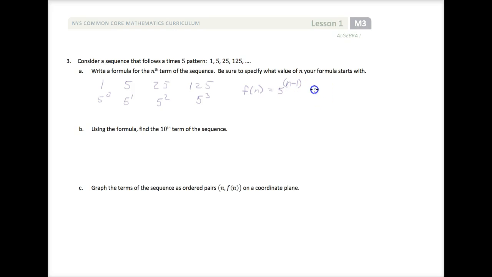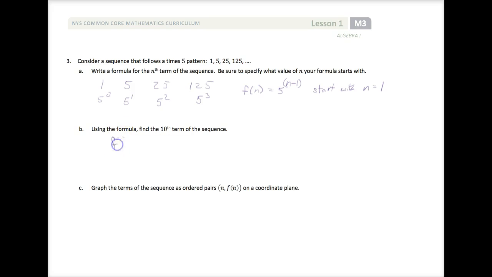And we want to make sure we don't get ourselves in trouble, so we're going to start, in this case, with n equals 1. Using the formula, find the 10th term of the sequence.